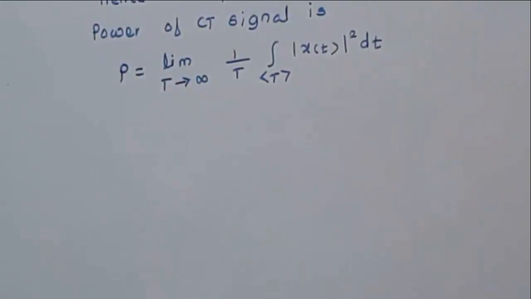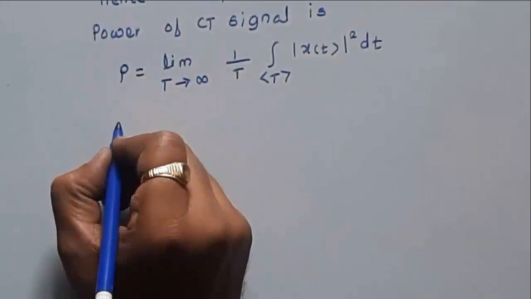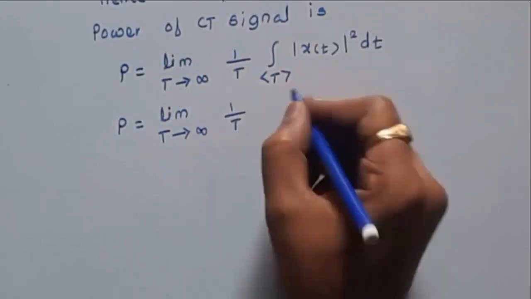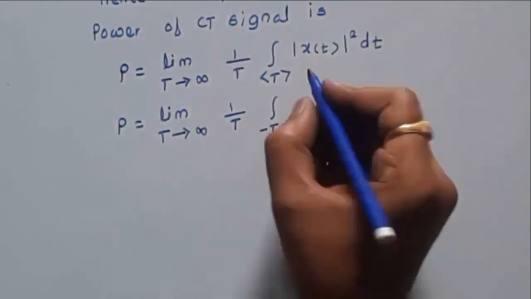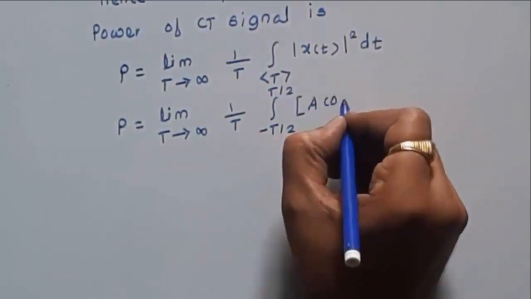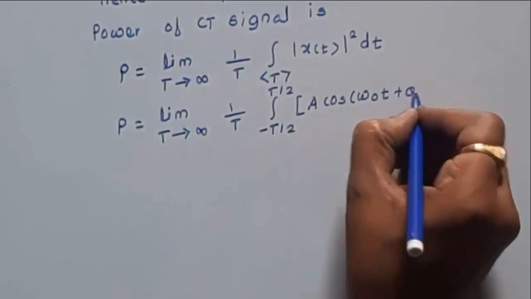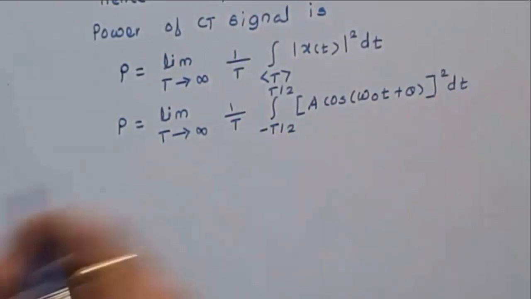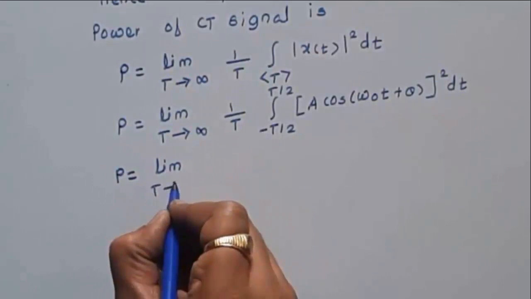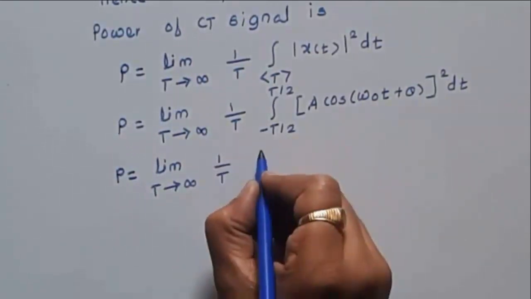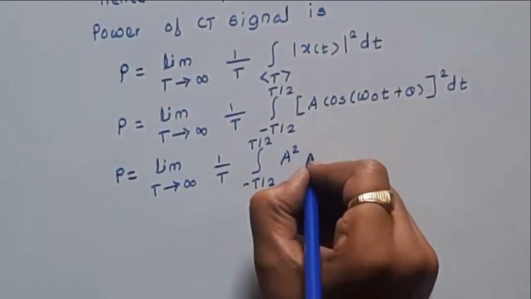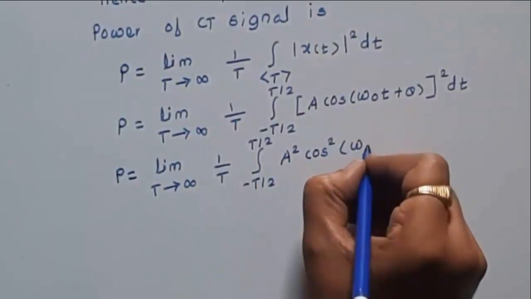If we put the value of x of t in this equation, we will get power P equal to limit T tends to infinity of 1 upon T integration, the period we will take minus T by 2 to plus T by 2. x of t is a cos of (omega 0 t plus theta) and its square. If we take the square of the bracket term, we will get the equation for power: a square into cos square of (omega 0 t plus theta).